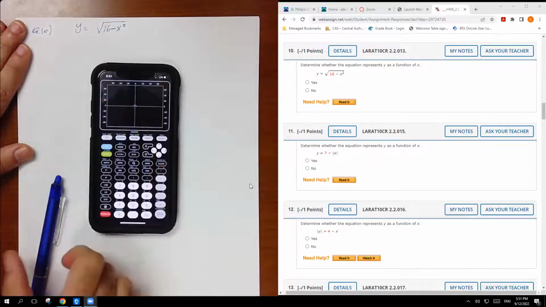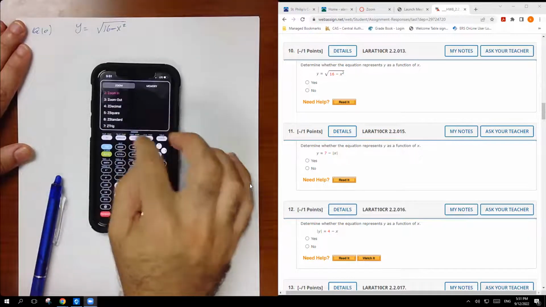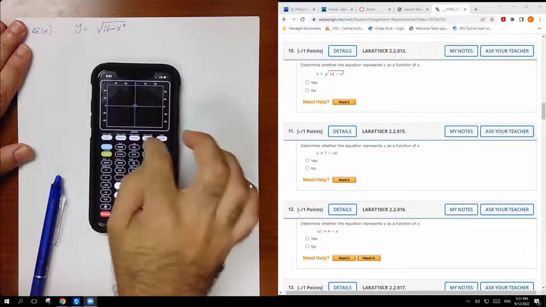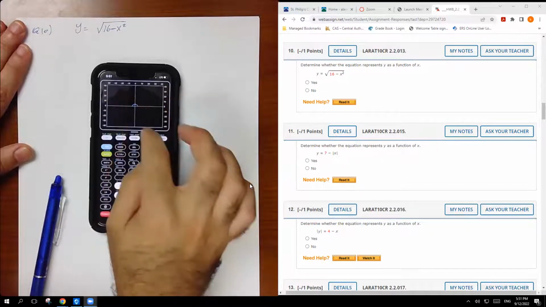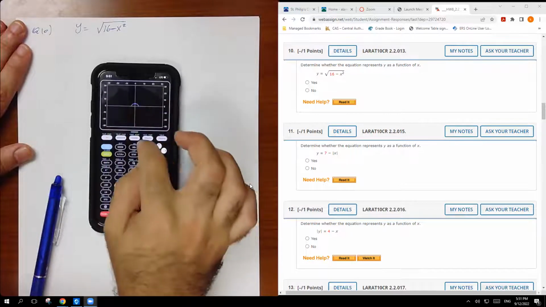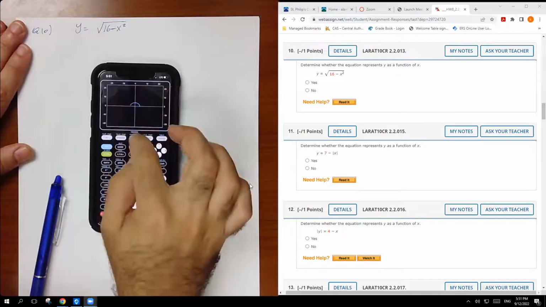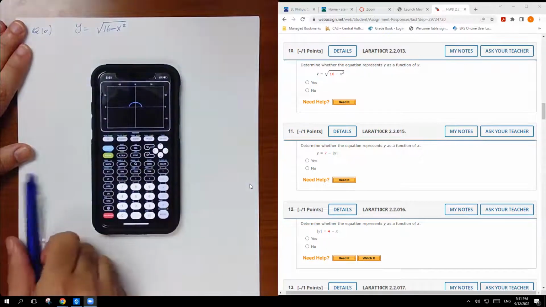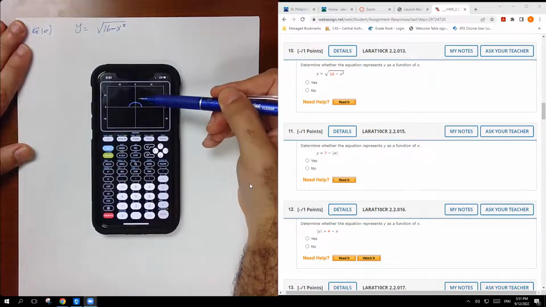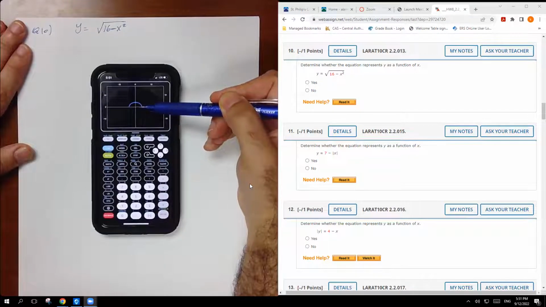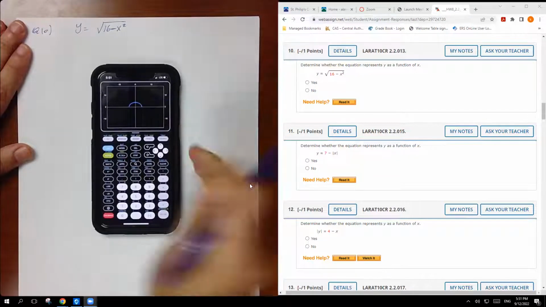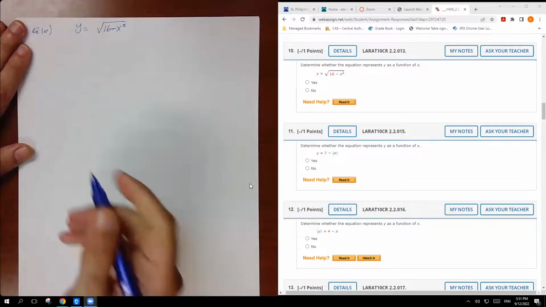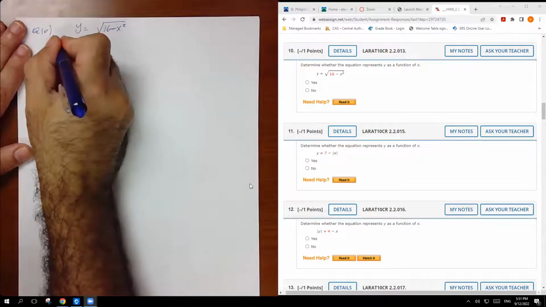So graph it. You have to zoom in because it's a really small circle. Half circle, not circle. So you see, it's a half circle. If you apply the vertical line test here, you will see each x goes to 1 y. That means by the graph, we can prove that this is a function.